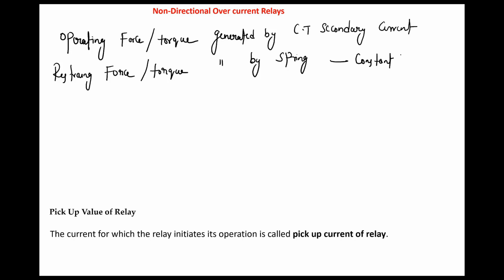The operating force is proportional to the current. How it is proportional, I am directly telling you today. This operating force or torque is directly proportional to I squared, where I is the CT secondary current.